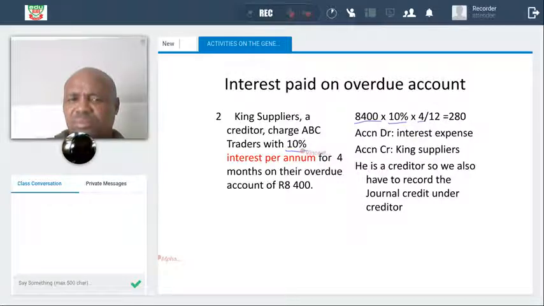They are charging us interest. Expense increases on the debit side, so we are going to debit the interest expense account, and we are going to credit King Suppliers, which is our creditor. And since he's a creditor, the creditors control column on the general journal will also be credited with this amount of 280.